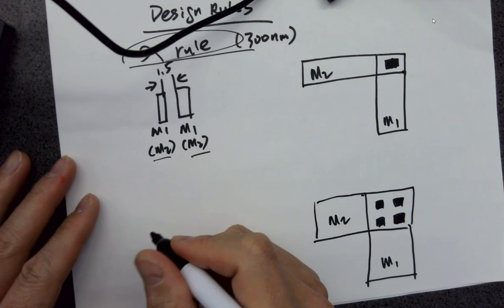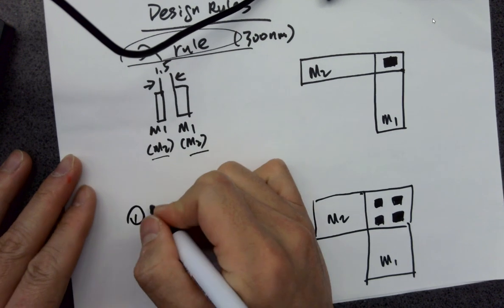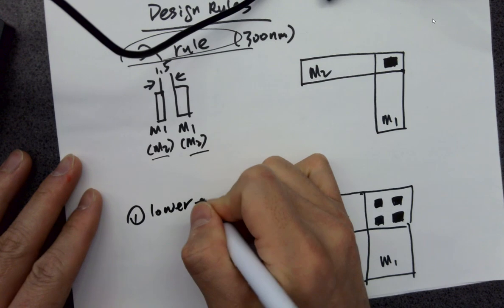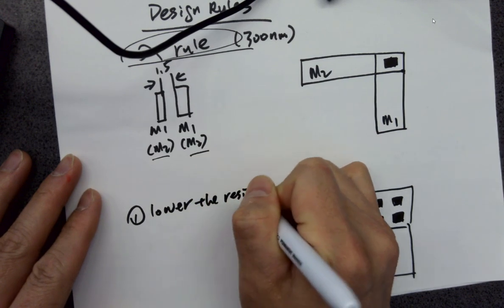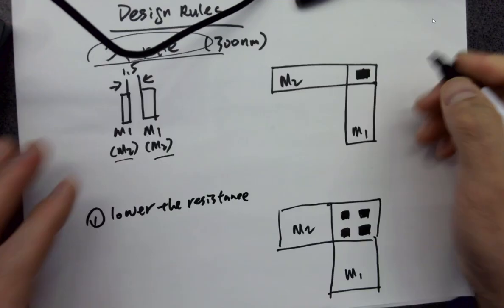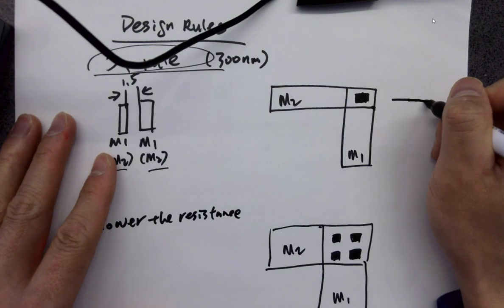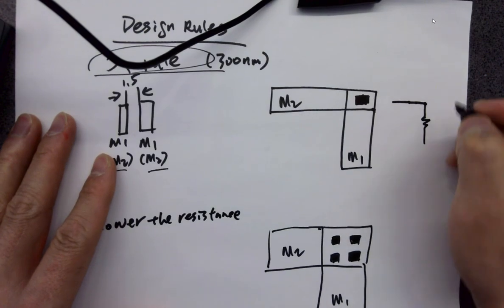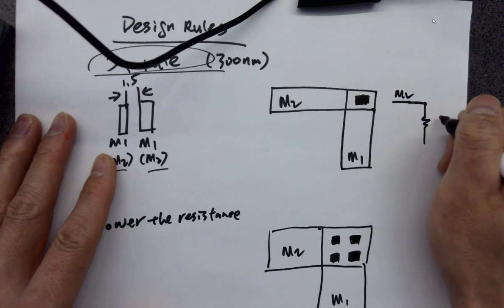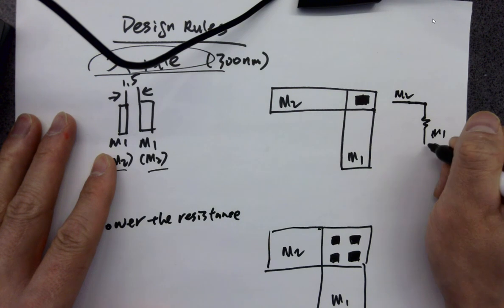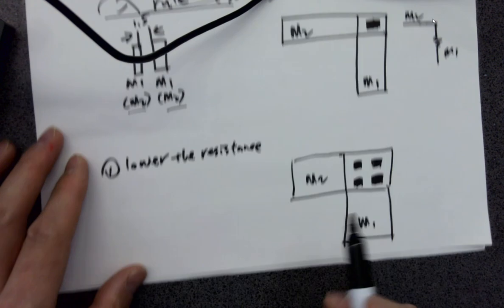Okay? So one, it is able to lower the resistance. Why? Because every single via has a resistance. If this is metal 2, this is metal 1, right? So the via has a resistance.